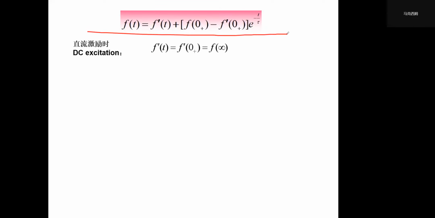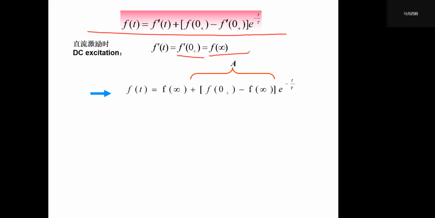And with DC excitation, we know that f'(t) equals f, the differentiation of a constant is a number, right? So it equals f(infinity).